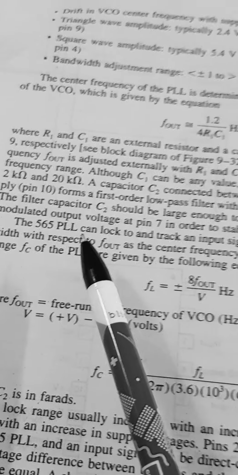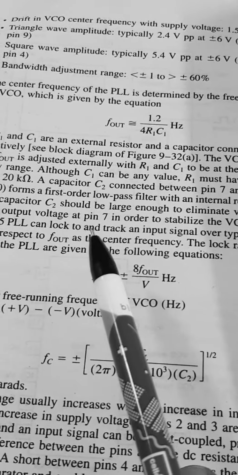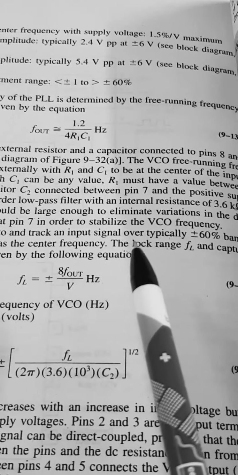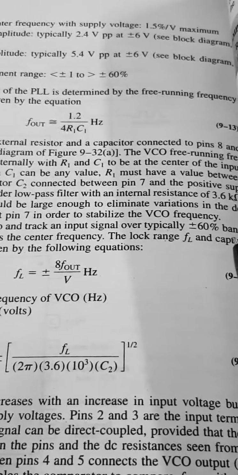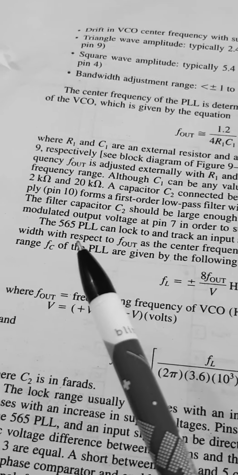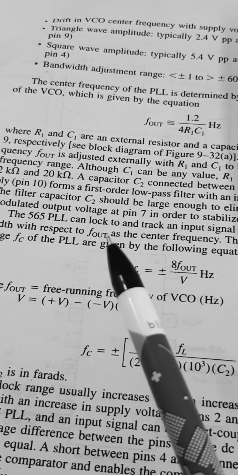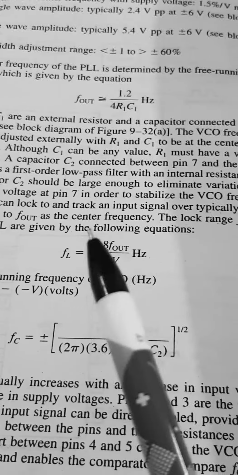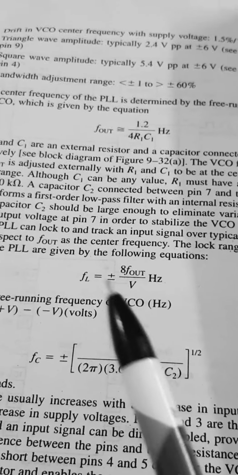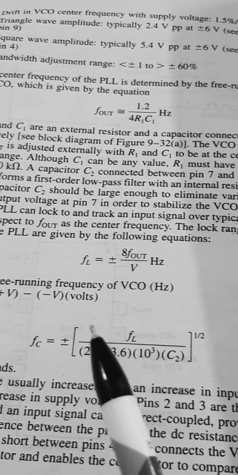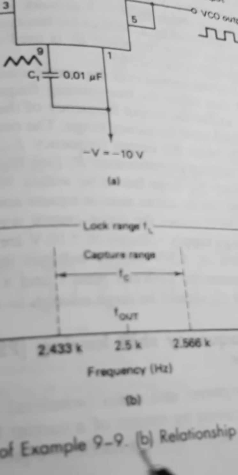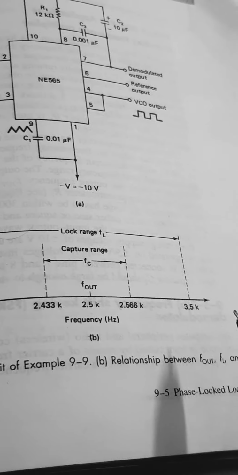Now, the 565 PLL can lock to and track the input signal over typically plus or minus 60% bandwidth with respect to F out as the center frequency. So it can lock and track. Here this figure is very important.